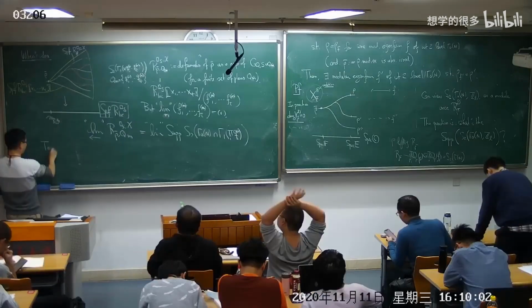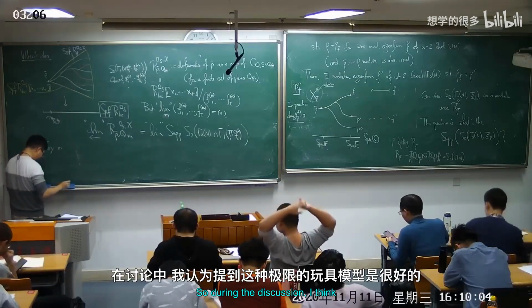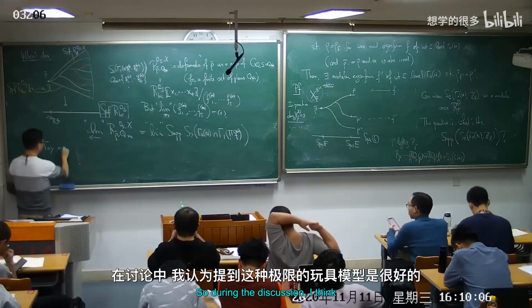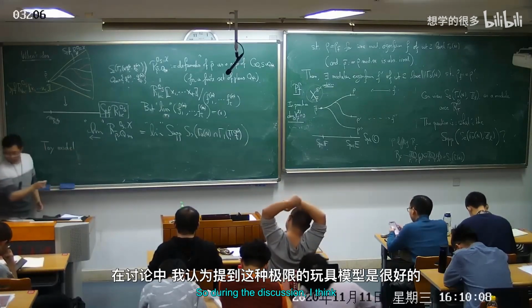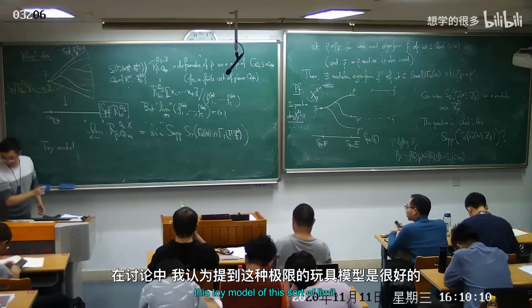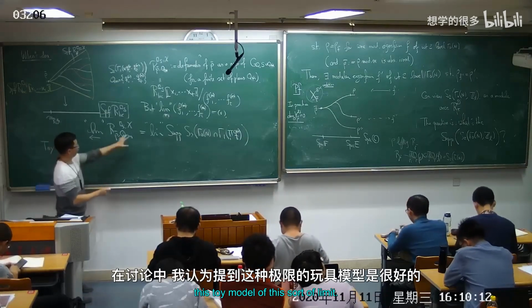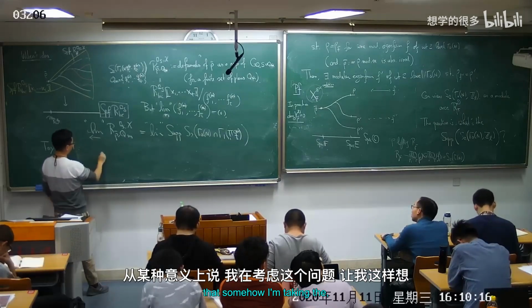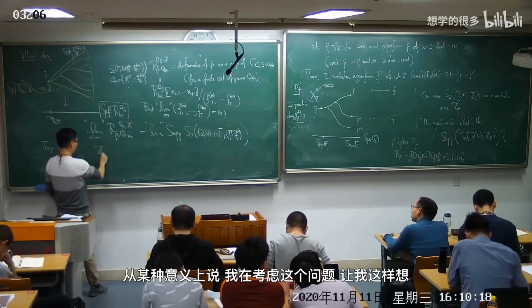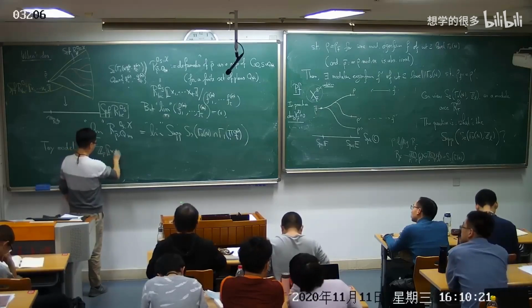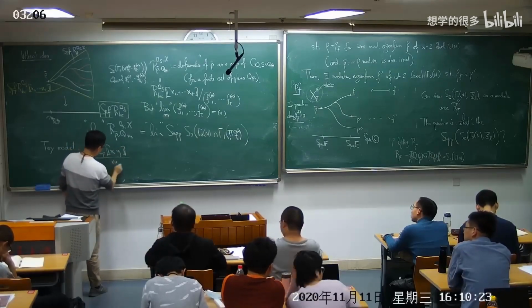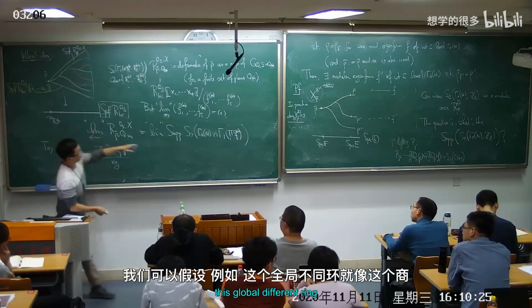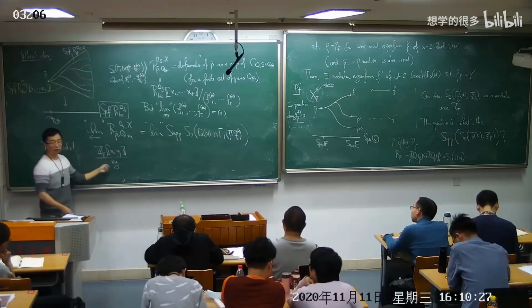Okay. So during the discussion, I think it's good to mention this toy model of this sort of limit. So if we think of it this way, one can pretend, for example, this global deformation ring as this quotient, right?